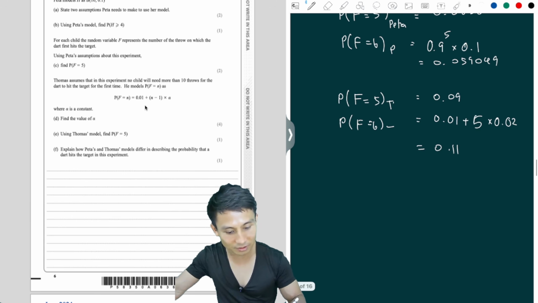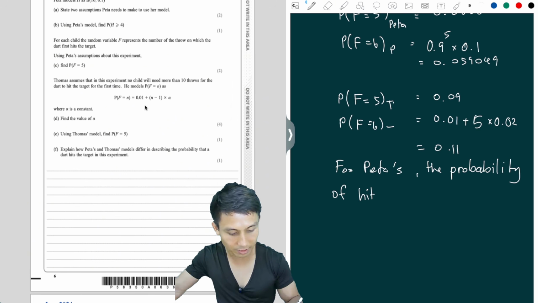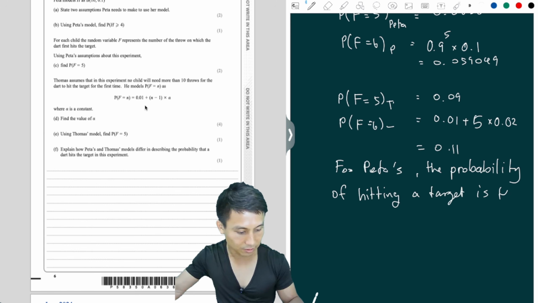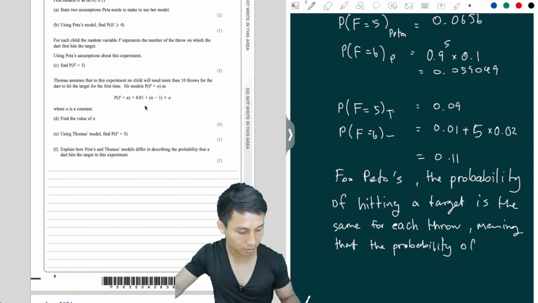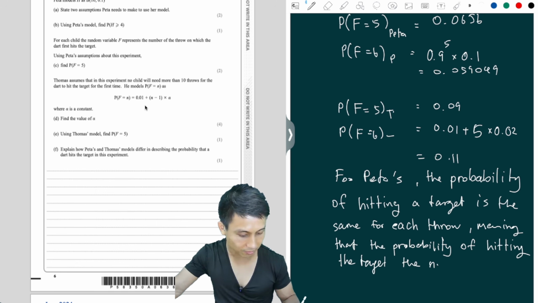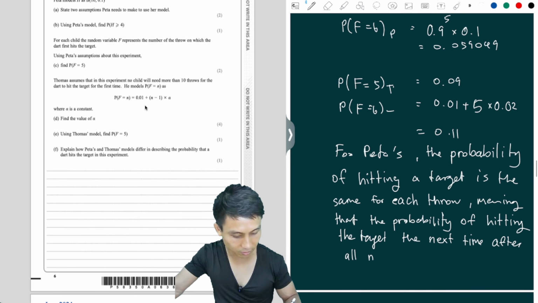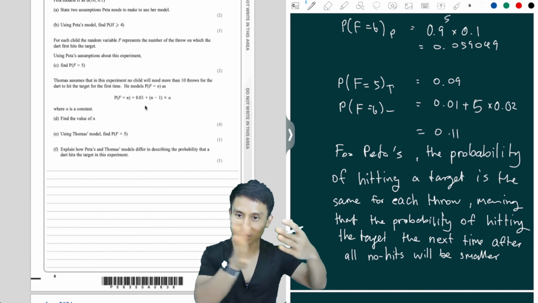So for Peters, the probability of hitting a target is the same for each throw. We are talking about each throw here, okay? Meaning that the probability of hitting the target the next time after all no hits will be smaller. The more no hits you have had, the smaller the probability of the next hit.